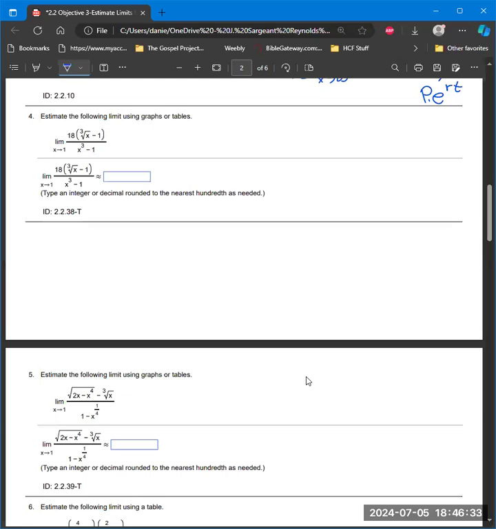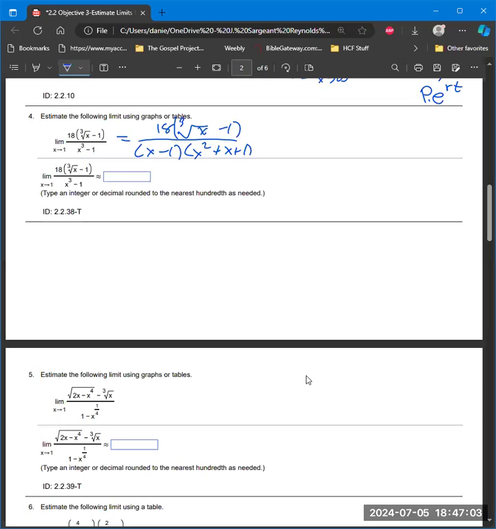All right, let's go ahead and find this limit here. We can do it by factoring. So right now this is x minus 1 times x squared plus x plus 1. This is 18 cube root of x minus 1.